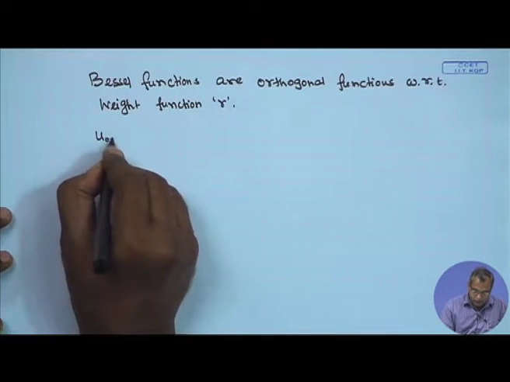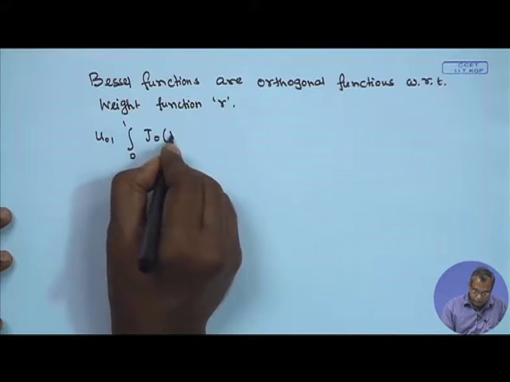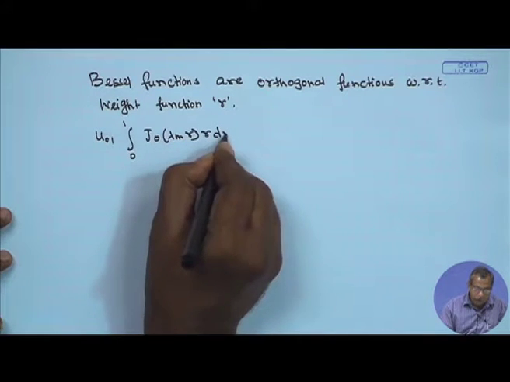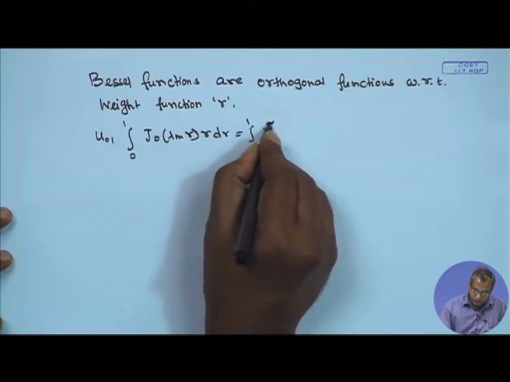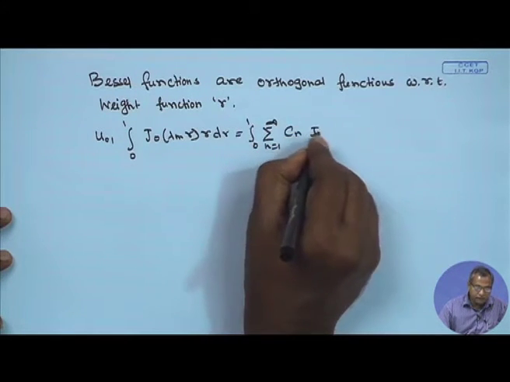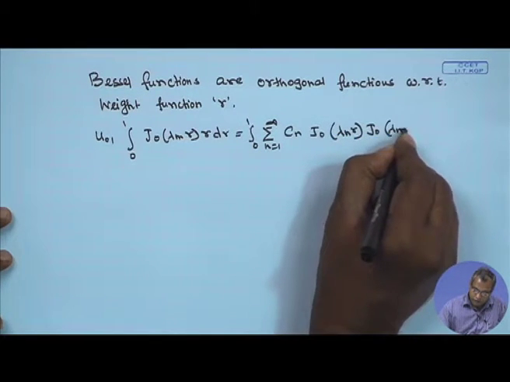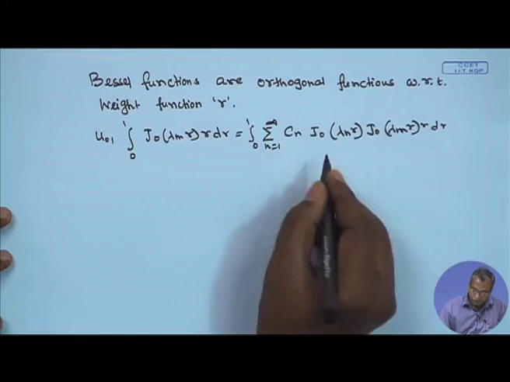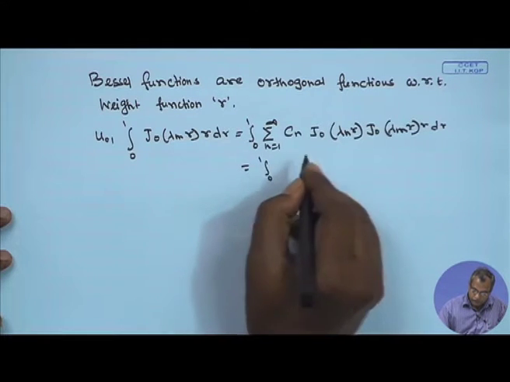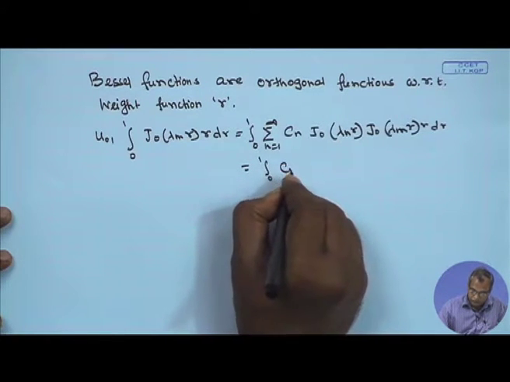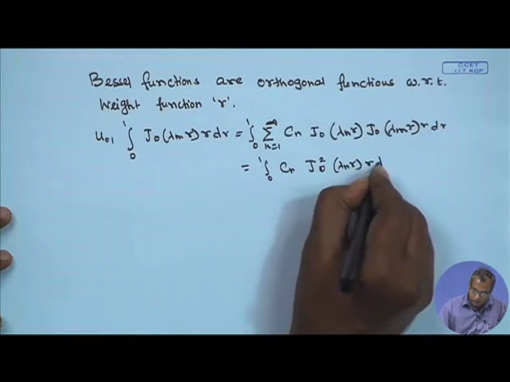If you do that, I multiply both sides by J0(lambda m r) r dr. The right hand side is the summation, n is equal to 1 to infinity, of Cn J0(lambda n r) J0(lambda m r) r dr. Now, if you open up the summation series, all the terms will vanish; only one term, when m is equal to n, will survive. So, Cn J0 square(lambda n r) r dr.